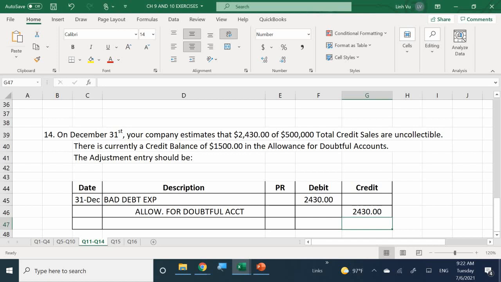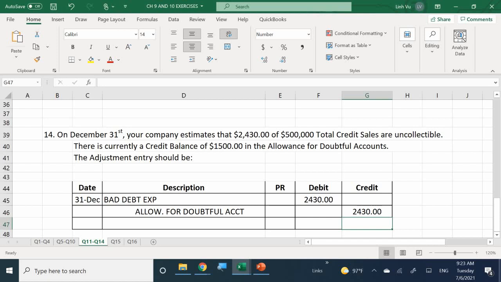So this one, once again, I tested you on all four ways to interpret this. Make sure that you read carefully, because that's how you're going to be able to differentiate between the two different methods. I gave you four examples: one with the accounts receivable with both a debit and a credit balance, and also a total credit sales with both a debit and credit.